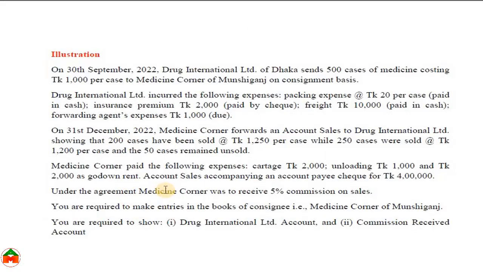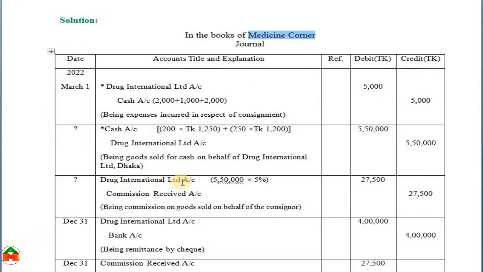Now we will record the commission that is receivable by Medicine Corner. Medicine Corner is the consignee. The journal is Drug International Limited debit and commission received account credit. It's a revenue for the consignee. We are recording the journal in the books of the consignee. The commission is a revenue for the consignee.